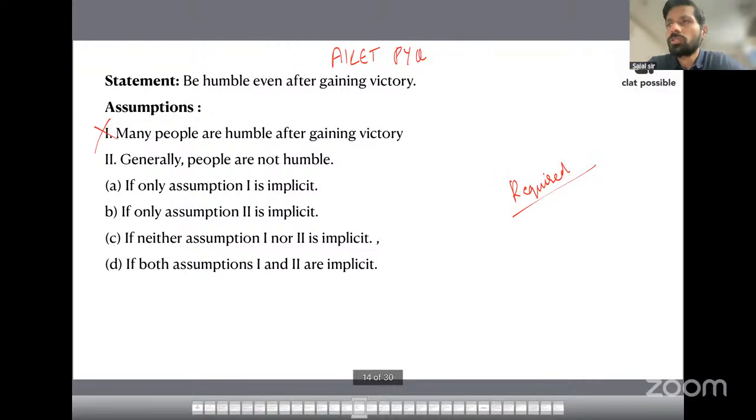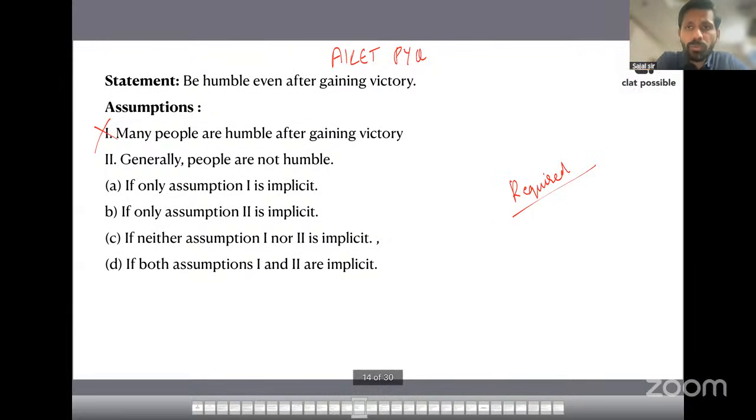So the basic assumption there is potentially a chance that after victory people will not remain humble, right? That's the basic assumption. Nothing much more than that, right? That people will tend to be not humble after gaining victory, something like that, right?